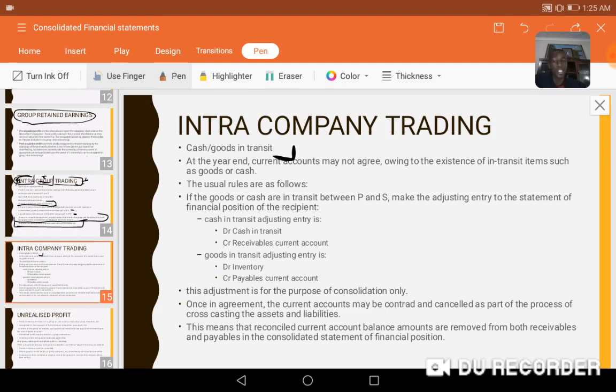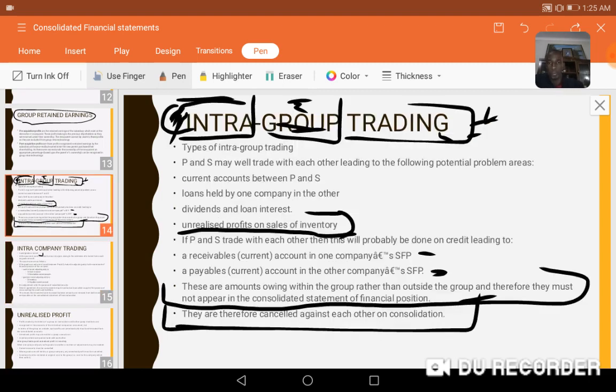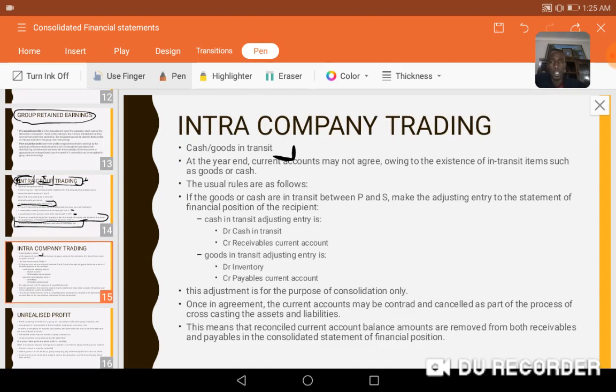On their books, immediately when they make the transfer or the check, they record that they have paid the parent. But as long as the parent hasn't received the check or the payment, they won't clear the amount owed by the subsidiary. So at the subsidiary accounts it will appear as zero, but at the parent account it will still show that the subsidiary is still owing the parent.